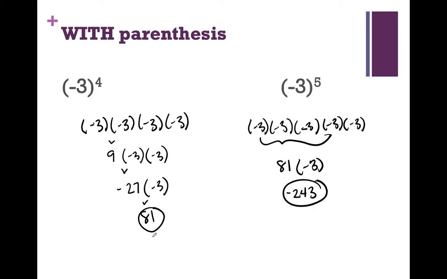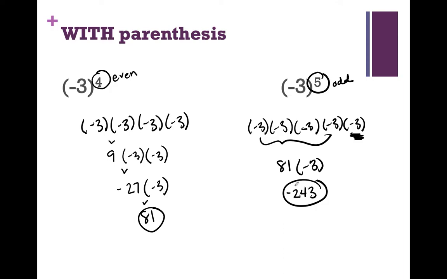If you notice, the example on the left is a positive and the example on the right is a negative. That's because on the example on the left, there is an even number of negative numbers, which means all of the negatives will cancel out and make it a positive. In the example on the right, we have an odd number of negatives, which means we will always have that one extra negative left over that will make our answer negative.